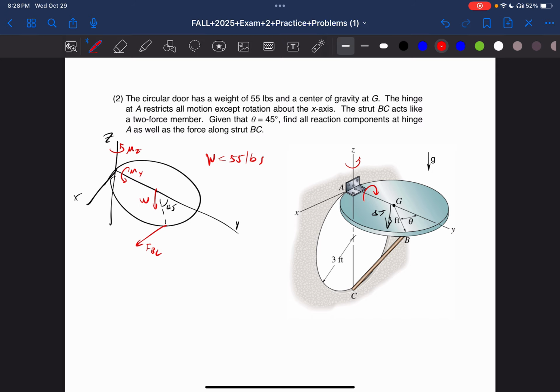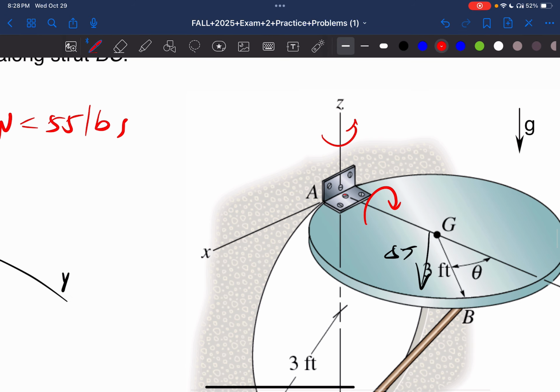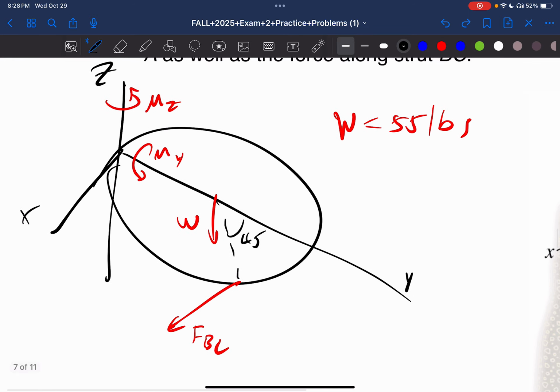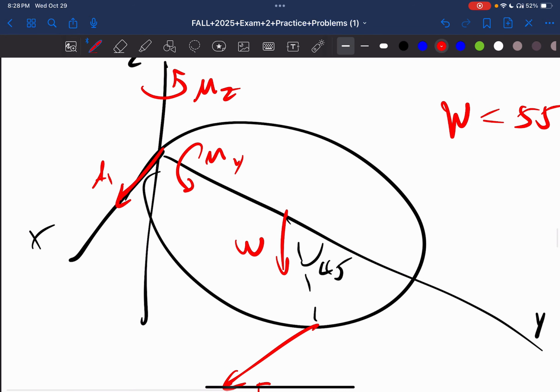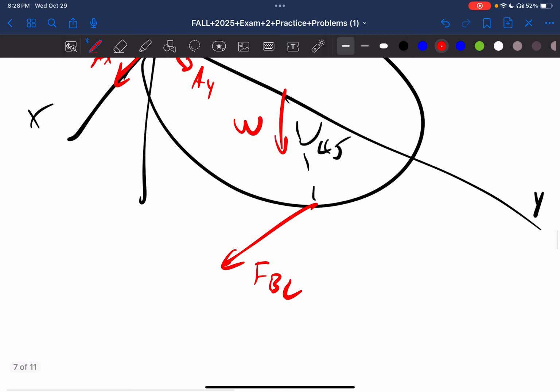What other stuff do we have? This hinge also resists forces in the X, Y, and Z direction, because this entire door can't move anywhere. So we're going to have positive X, so hinge, let's call this AX. This is going to go this way, AY, and AZ, because it can't move in any of those directions.